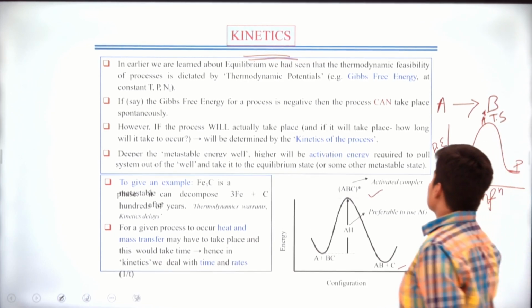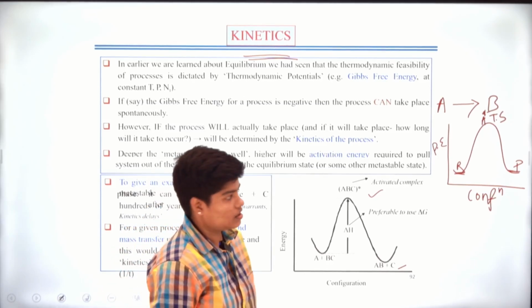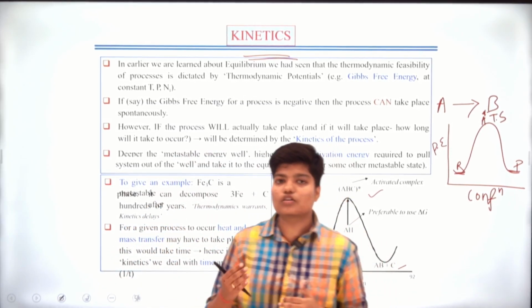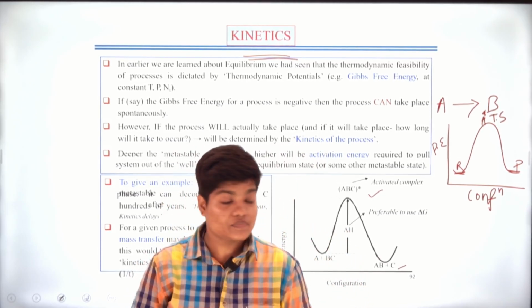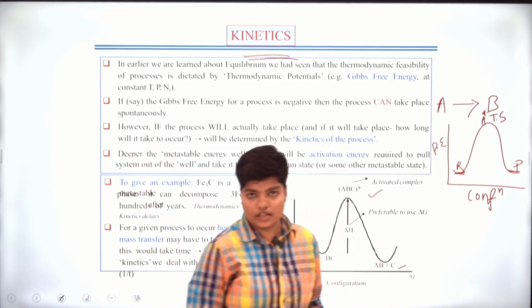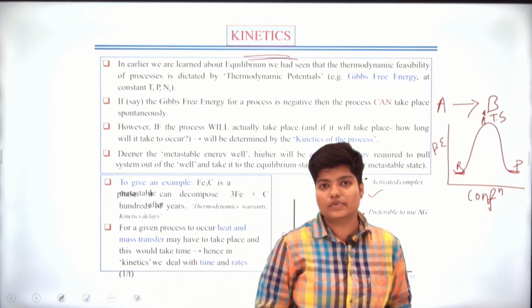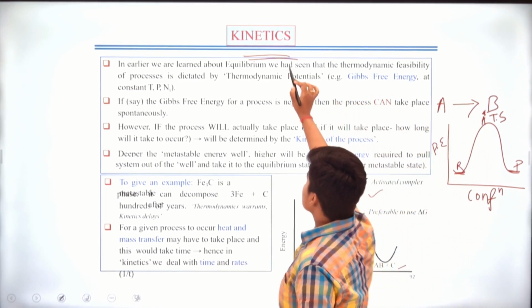Whether A will give B or not is concluded by thermodynamics, and how fast A will give the product B, the total time needed, is given by kinetics.